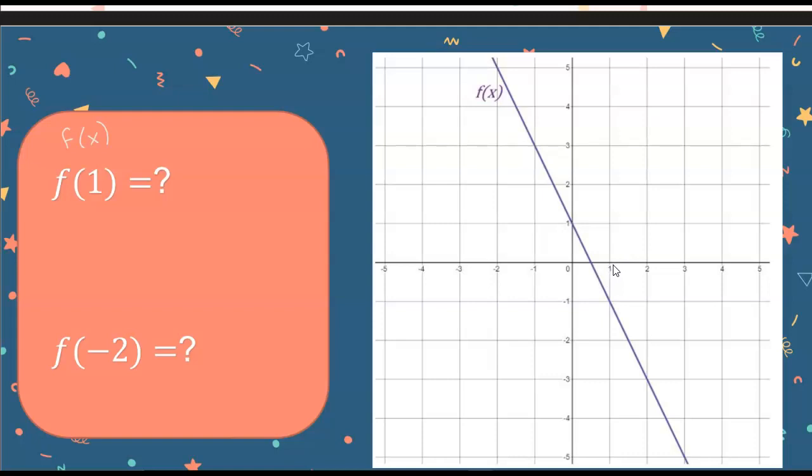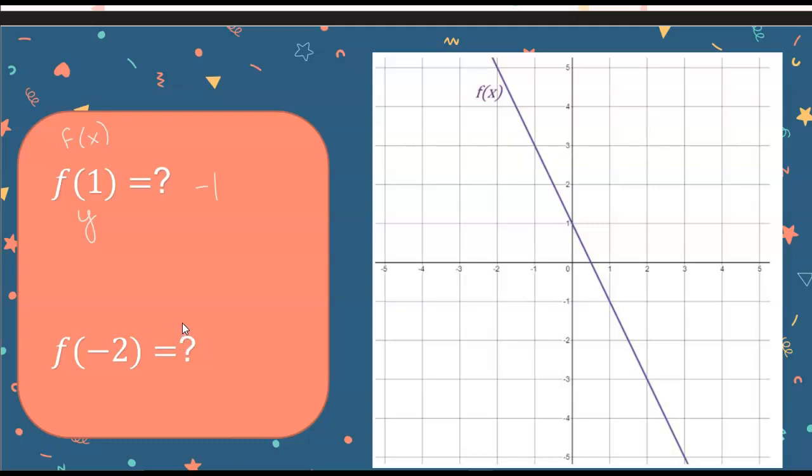And now we need to go match that up to the function. Where does the function exist for 1? That's right here. So our y value is -1. Our x value is 1 and our y value is -1. -1 is our answer. Remember, f of x is going to be asking for our y value.